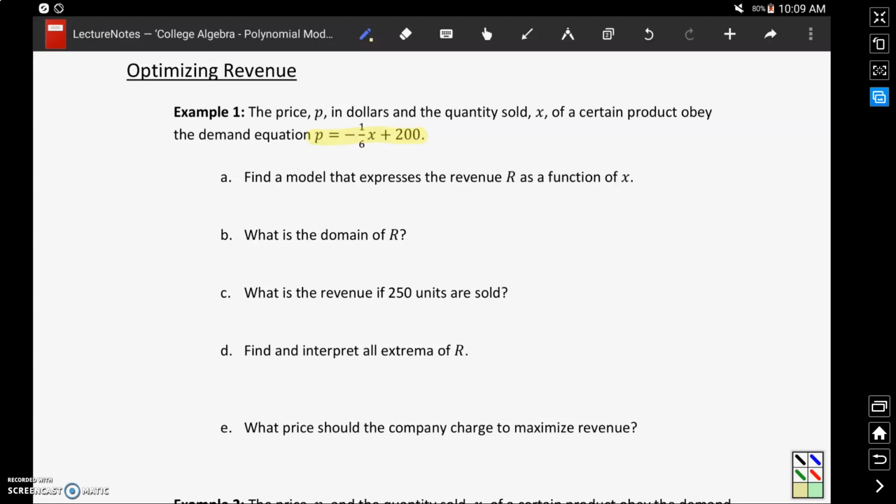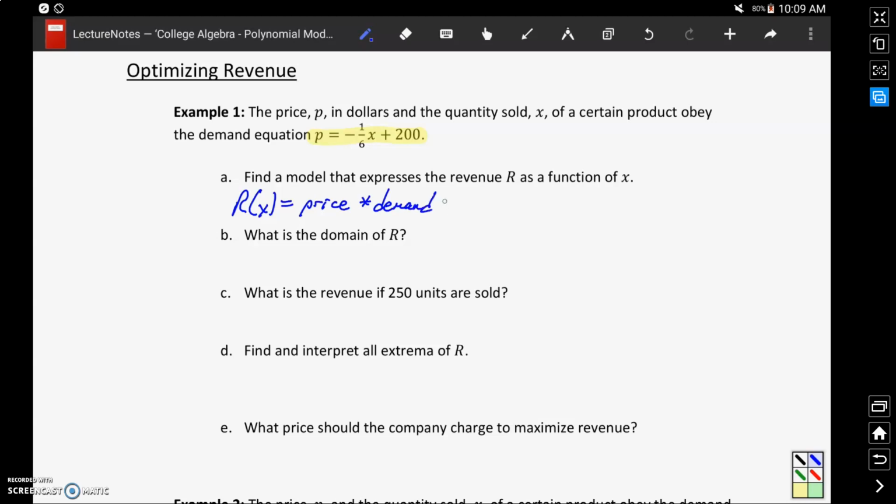What we're looking at is polynomial models. So one thing to keep in mind is we're going to modify this given price demand function to generate a polynomial. In part A, we want to find a model that expresses the revenue R as a function of X. So revenue can always be thought of as price, so how much we charge per item, times the number of items that we sell, which is the same thing as demand.